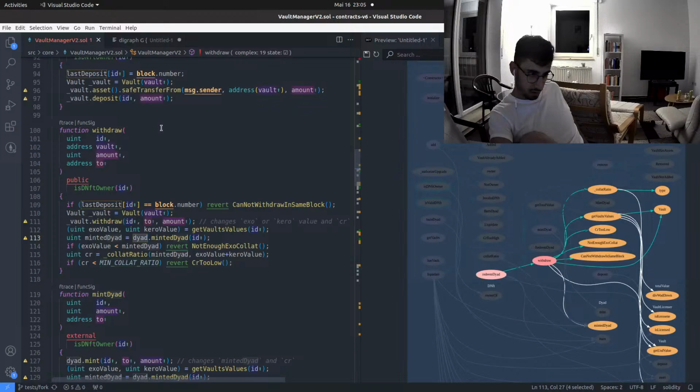And okay, what's the worst case? Because we cannot go under the collateralization ratio, right? Because we have this collateralization ratio check.